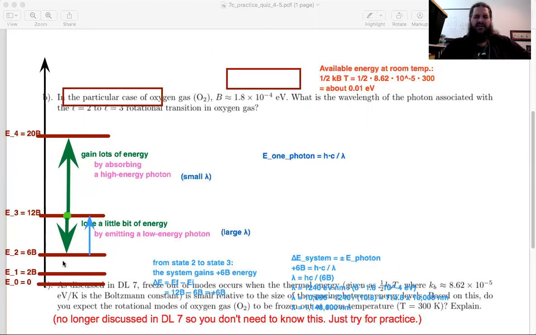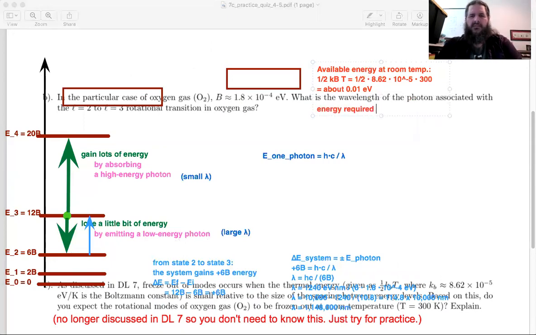Yeah, you've got to add 2B. So the energy required to start rotating in the first place would be E final minus E initial, which, assuming we end in state 1 and we started at not rotating at all, would be 2B.